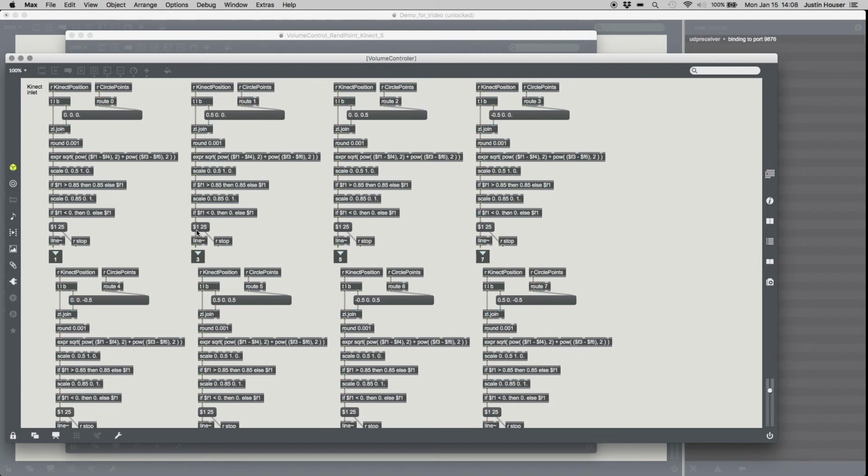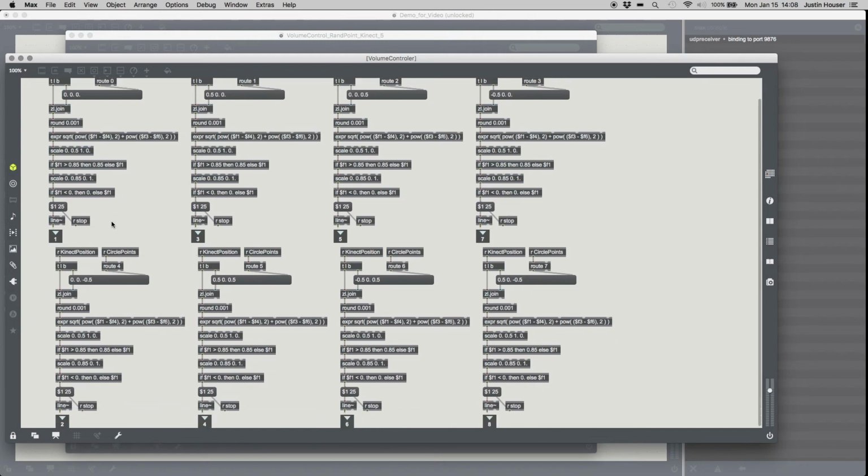Here we have the go to this point in this amount of time going into our line tilde, which goes out, and then we have a different controller, 1, 2, 3, 4, 5, 6, 7, 8, for each individual channel that we're kind of looking at.